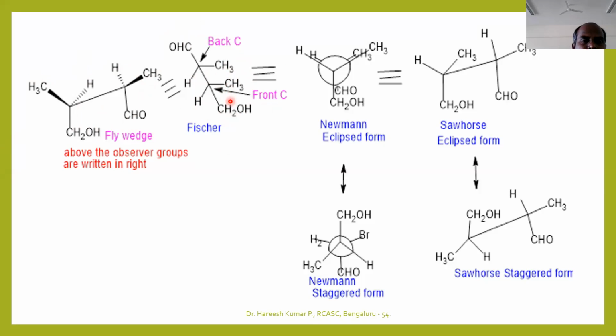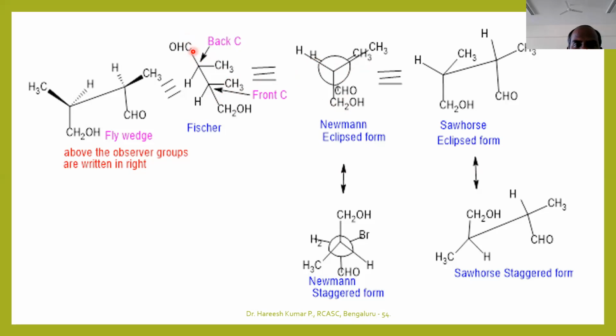Once you convert into a Fischer projection formula, from this it is quite easy. This will be the front carbon, this will be the back carbon. Front carbon: CH2OH, then CH3 on the right hand side, H on the left hand side.